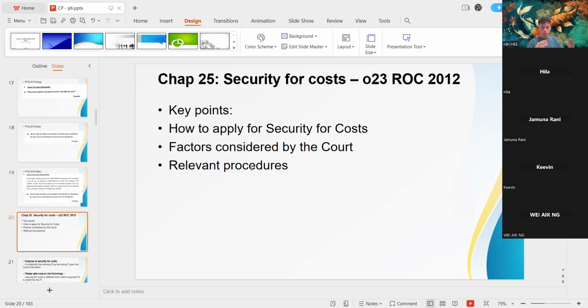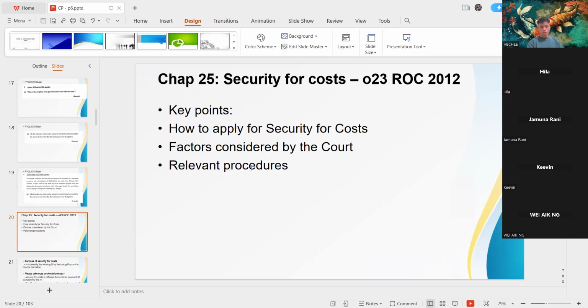For interim payment, the plaintiff applies to the court to order the defendant to make a payment to alleviate the financial difficulty suffered by the plaintiff. For security for costs, the defendant is applying to the court to order the plaintiff to pay a certain deposit into the court only. So this is the difference.